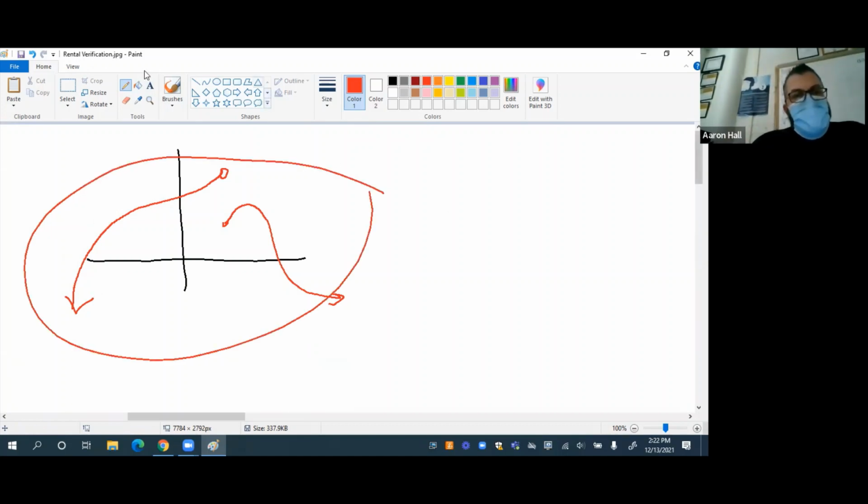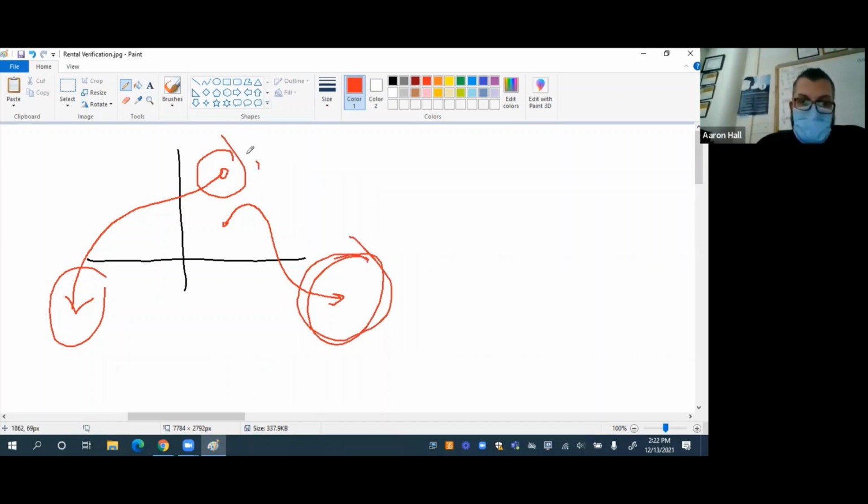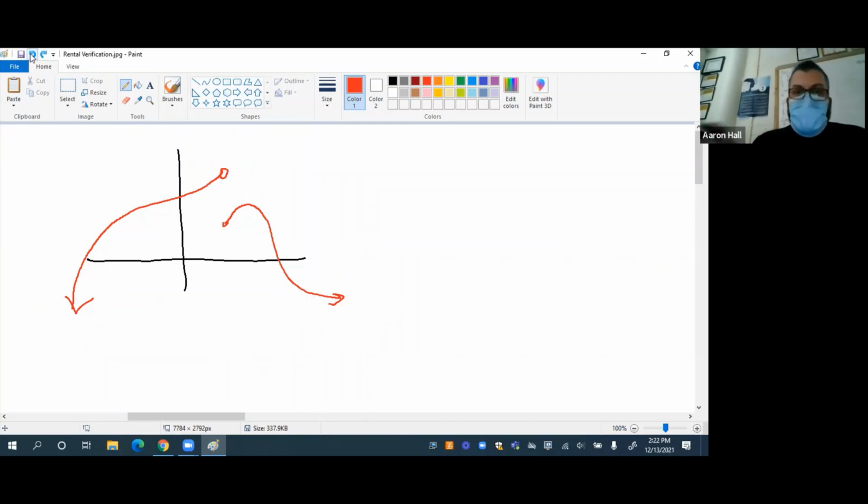No. Why not? Well, A, it's not continuous, and B, you don't have a fixed point in this graph. And it's not closed either, it just keeps on going. So it's not closed here, it's not closed here, it is not continuous there. So we are not guaranteed a maximum and a minimum because this is not closed and it's not continuous.